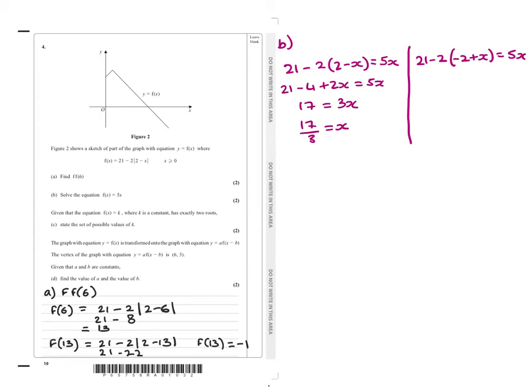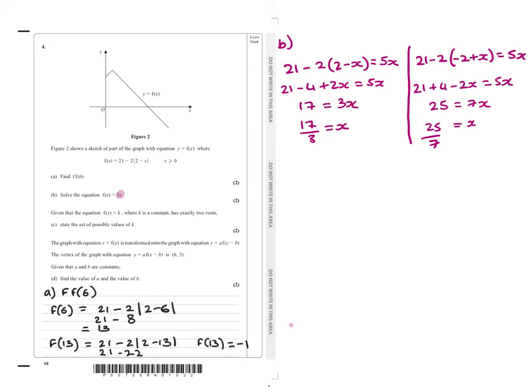Then for the other side, I'm going to get 21 plus 4 minus 2x equals 5x. We get 25 equals 7x. So x equals 25 over 7.